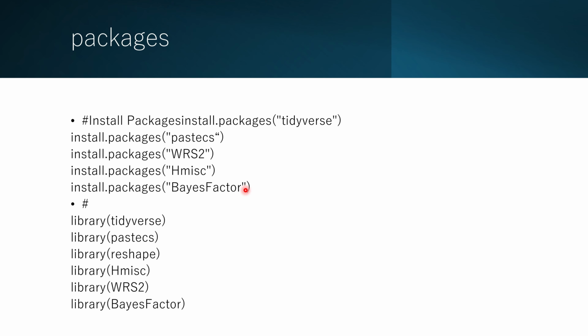Okay, these are the packages. Install these packages, and after that, run library. Please do the library command. If you have already installed these packages, you do not need to run it again. But I think WRS2 and some other packages are new for this chapter.